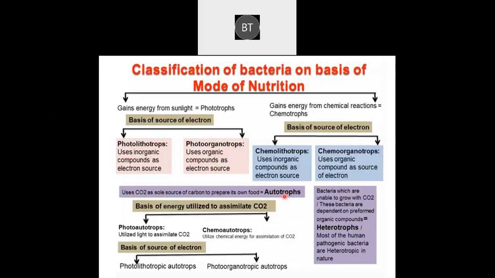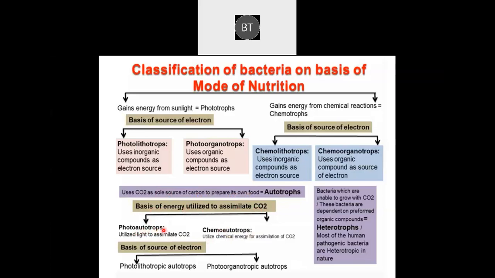Autotrophs are bacteria which use carbon dioxide as a sole source of carbon to prepare their own food. Based on the energy utilized to assimilate carbon dioxide, these are of two types, photoautotrophs and chemoautotrophs.